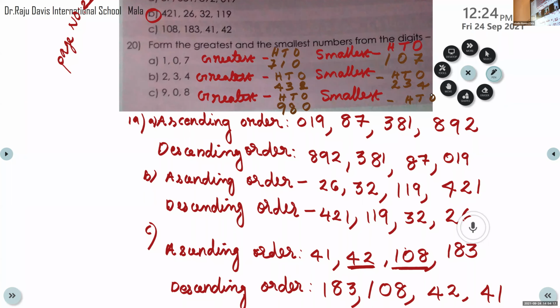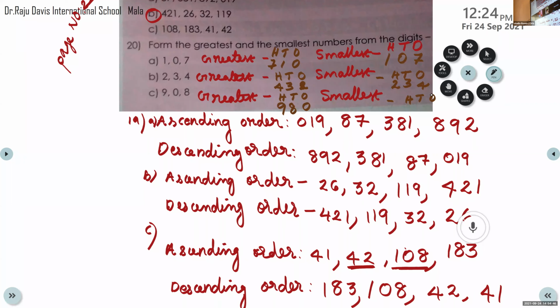What we have to write in hundreds place? 0 or 8? No, my dear. 0 we are not allowed to write in hundreds place.